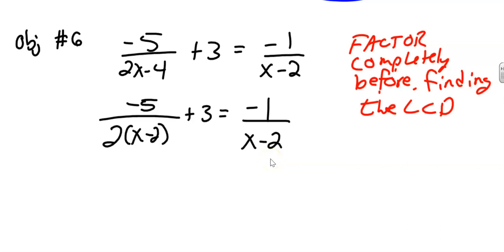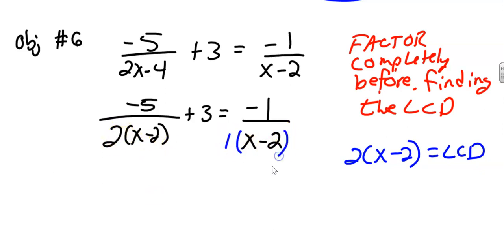Okay, so doing that, now you can see, all right, now I've got the same x minus 2. This one's got a 2, and again, technically this one would have a 1. So for your least common denominator, it would be 2 times x minus 2. Because you do have the x minus 2s. This one has a 2. This one's basically like a 1. Again, you always take the bigger number, start figuring out the multiple. So that one, it would be 2.